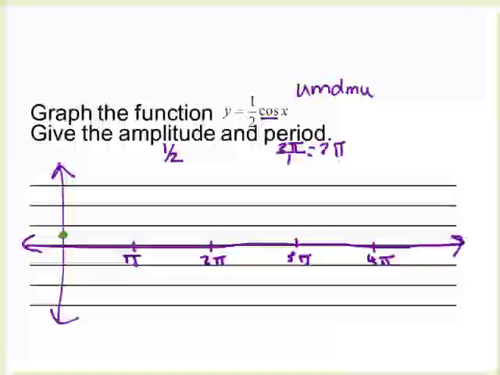Plot my last up at the length of the period, so above 2 pi, up 1/2. And in the center of those, a down 1/2. Make sure your down amplitude is matching your up amplitude. And in the centers of those, we need our middle points to cross over. Then repeat that pattern over the next 2 pi.